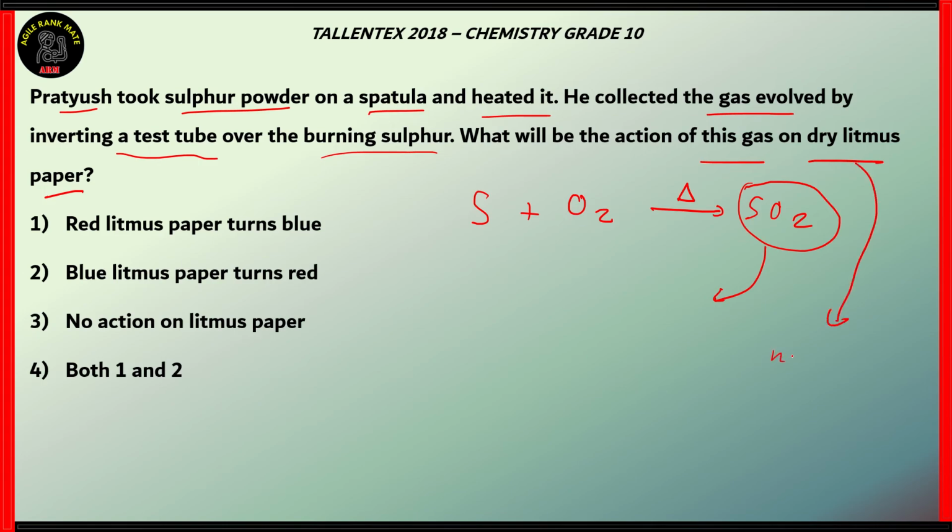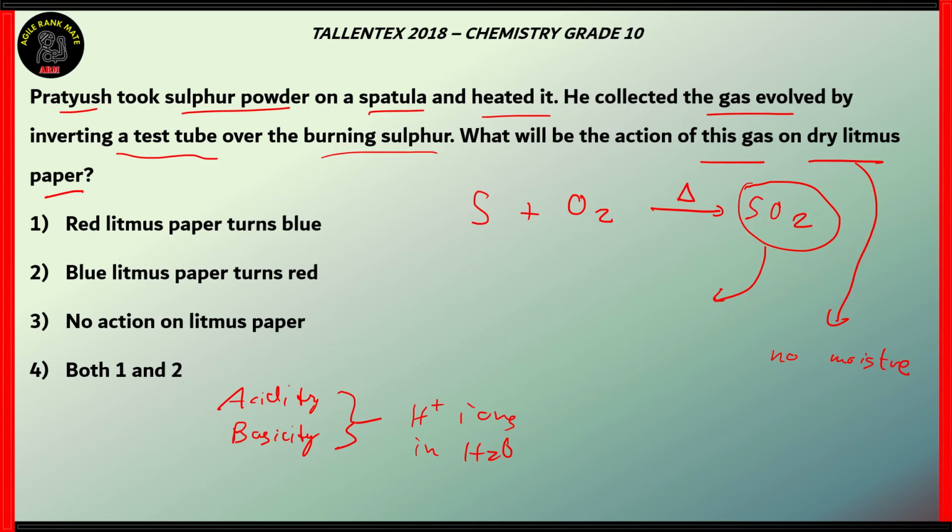Now, in a dry litmus paper, there is no moisture, and the concept of acidity and basicity is actually dependent on the H plus ions generated in water.